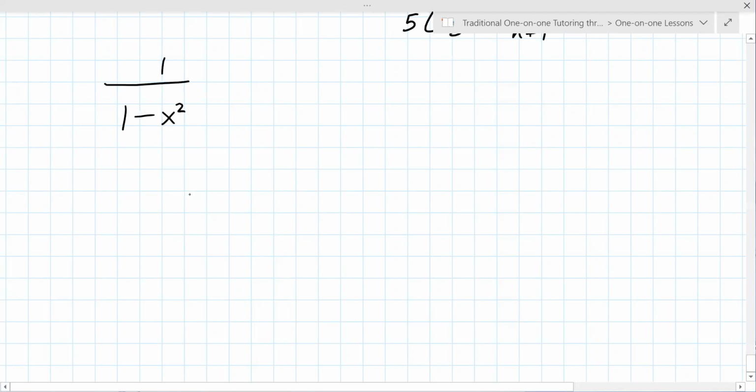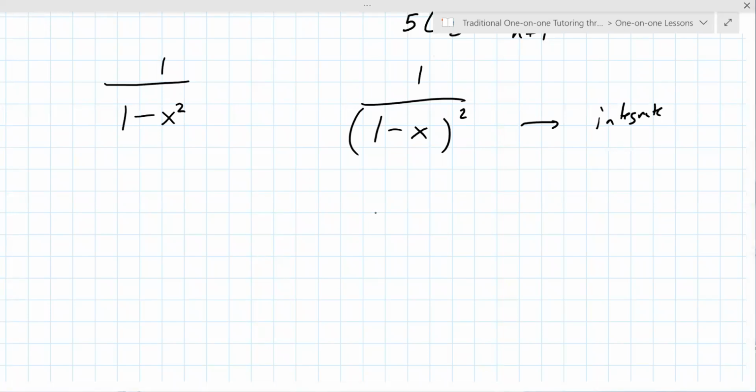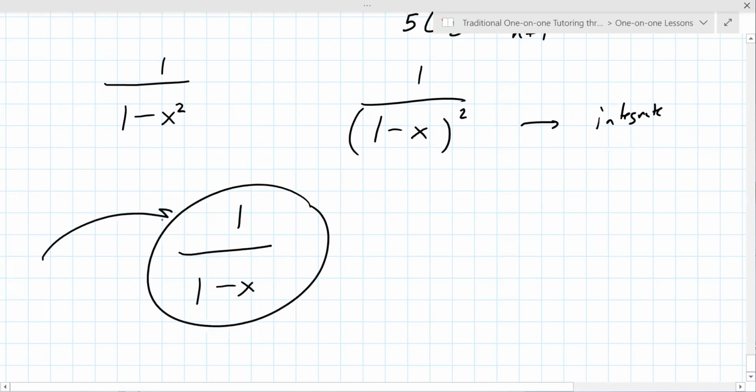Instead, you would actually want to integrate this and see what it goes back to, and hopefully it's not too wonky. And then the natural log of 1 minus x, for example, that's when you would take a derivative. You're always trying to get back to this place, whether you take a derivative or an integral to get back there, and hopefully it's only one time.